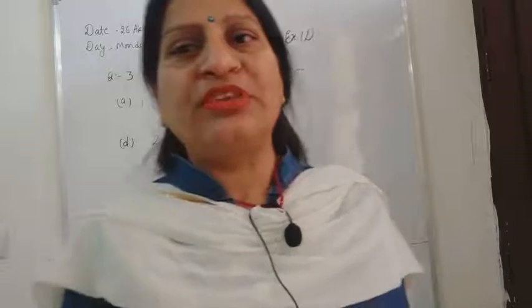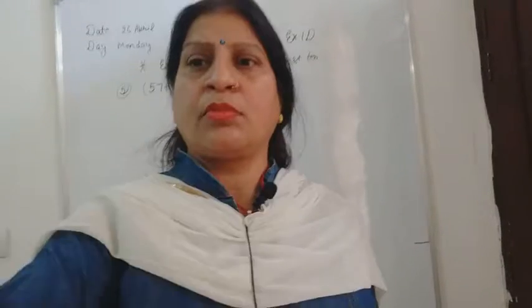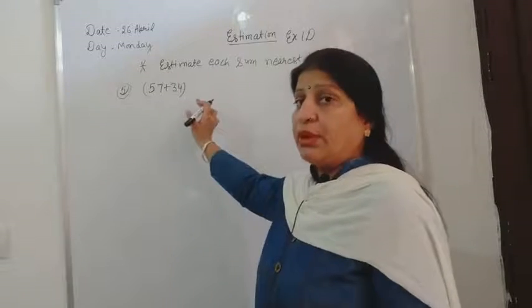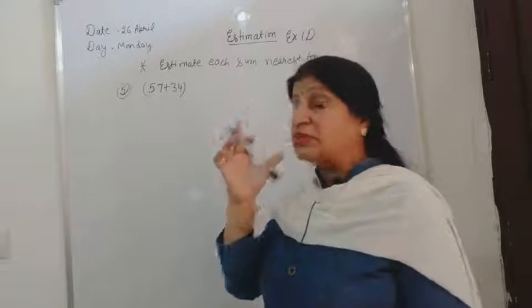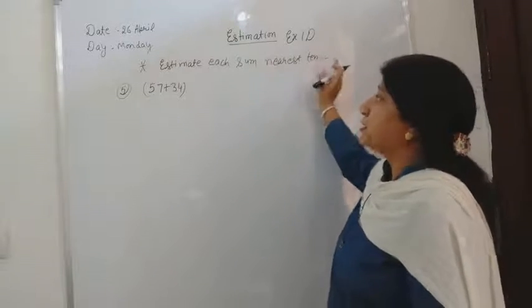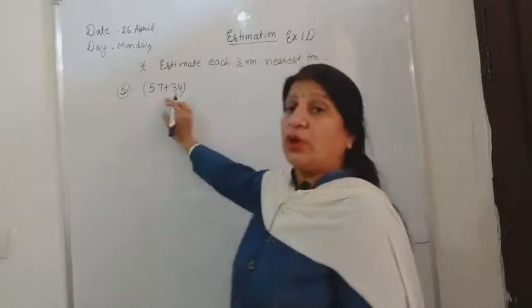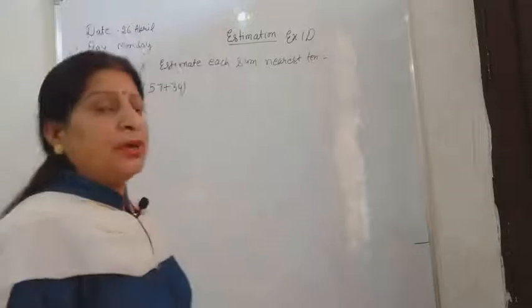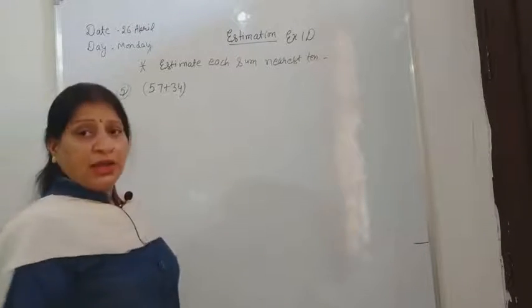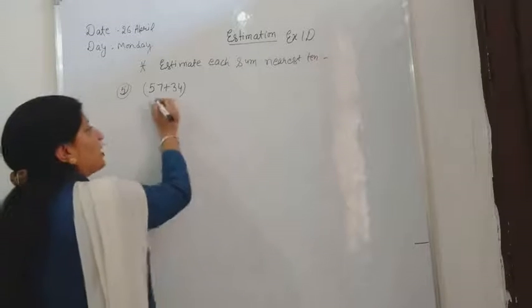You have to do this question yourself. Now we'll learn the single number round off, and in this question we have to estimate each sum nearest 10. First of all, we have to round off these numbers, and after the round off we have to add the numbers. So we follow the same process.